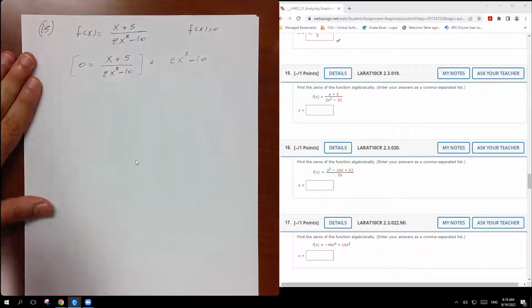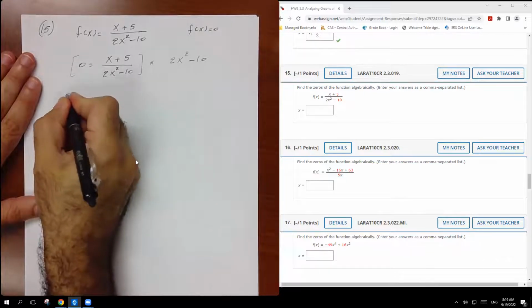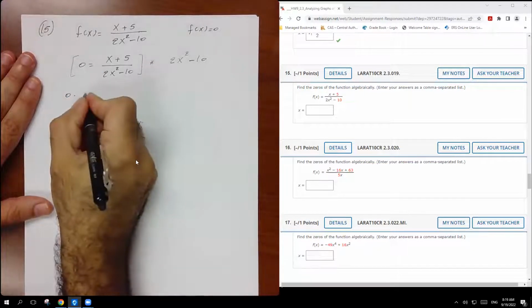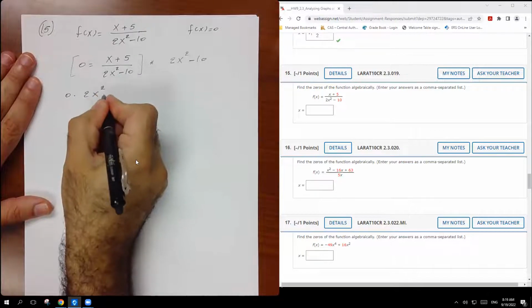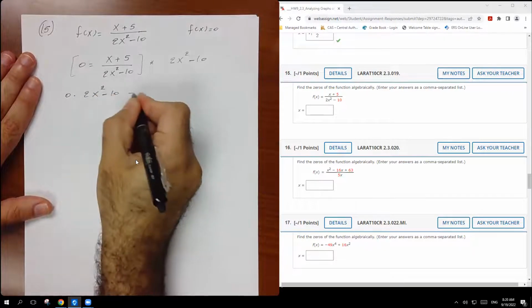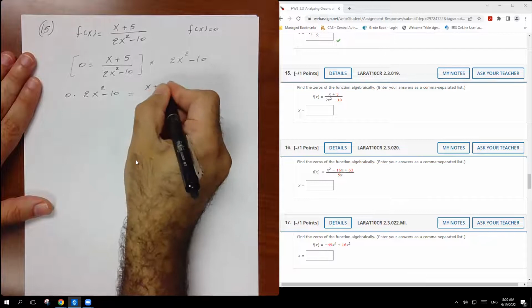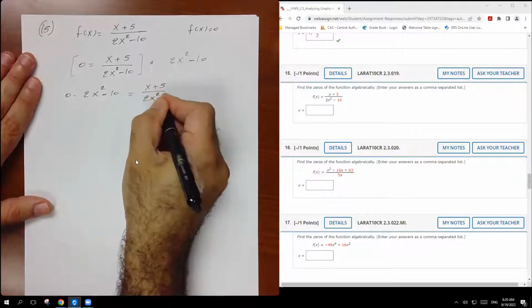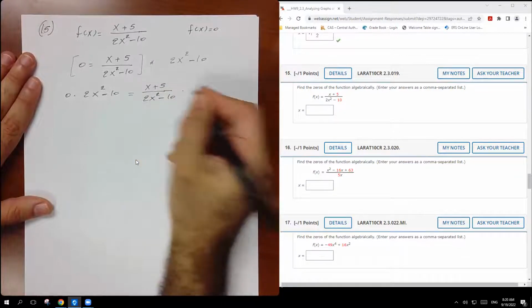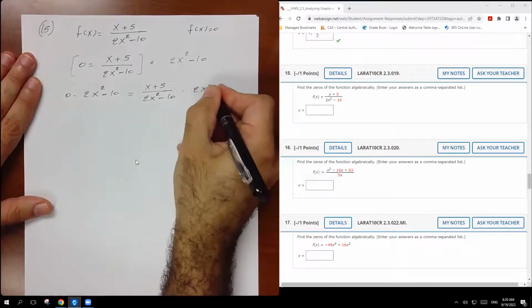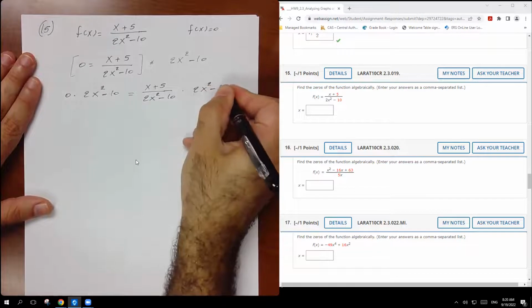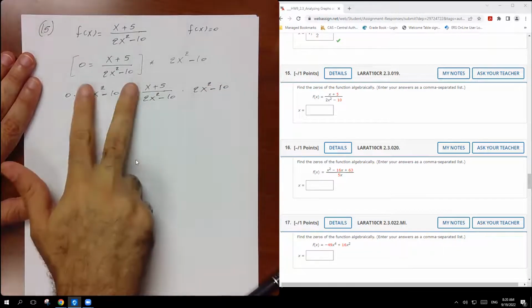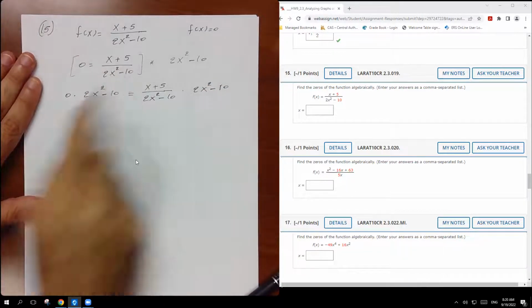That means 0 times 2x squared minus 10 equals x plus 5 over 2x squared minus 10, also times 2x squared minus 10.